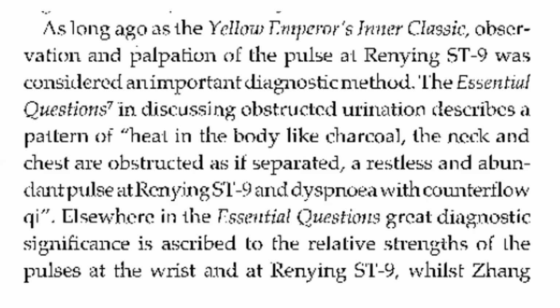The neck and the chest are obstructed as if separated. A restless and abundant pulse at stomach 9 and dyspnea with counterflow Qi. Elsewhere in the Essential Questions, great diagnostic significance is ascribed to the relative strengths of the pulses at the wrist and the stomach 9.